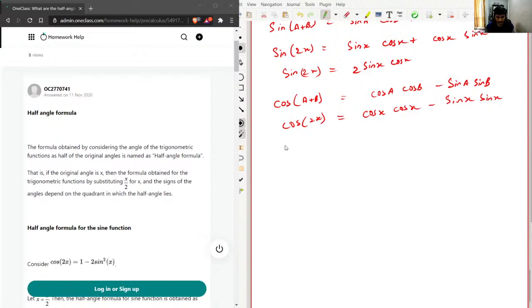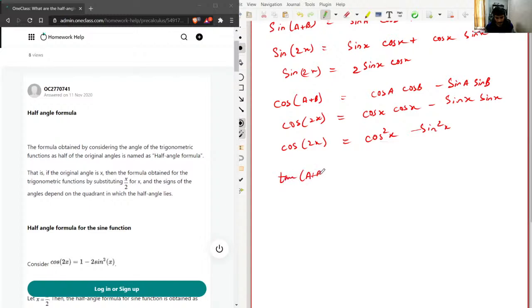So cosine 2x can be written, multiplying these terms, as cosine square x minus sine square x. And then you can use the property sine square plus cosine square equal to 1. You can solve it for cosine square, then solve it for sine square and put the value of those terms here, so you will get the other two formulas.